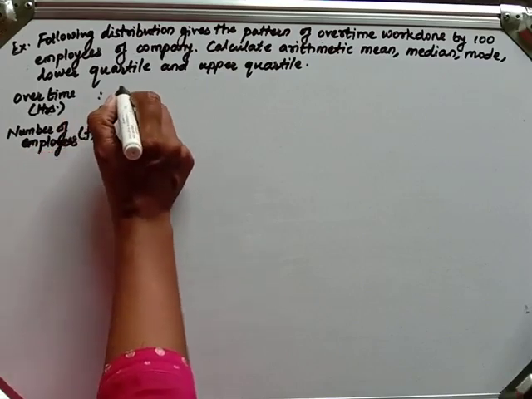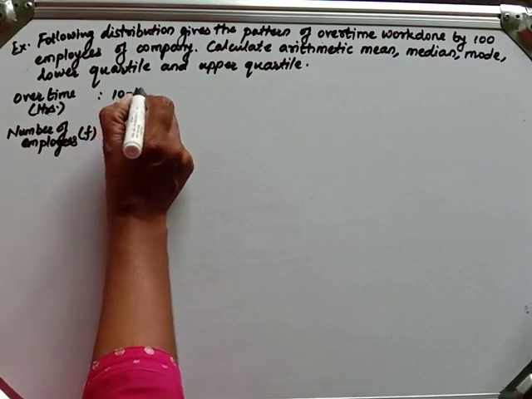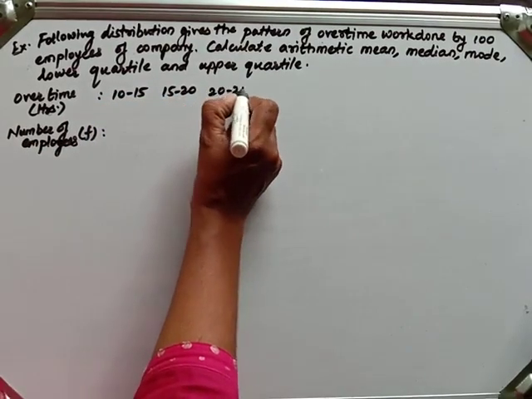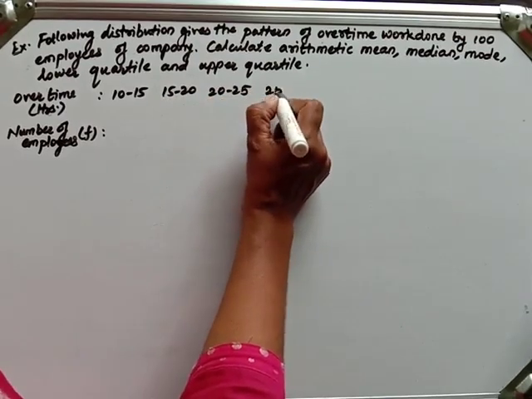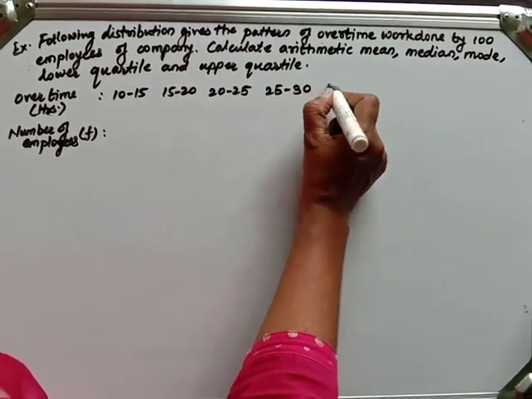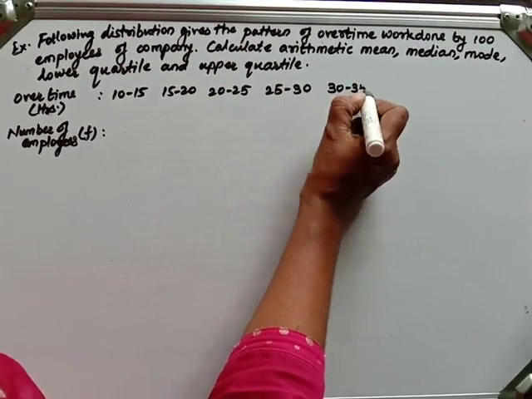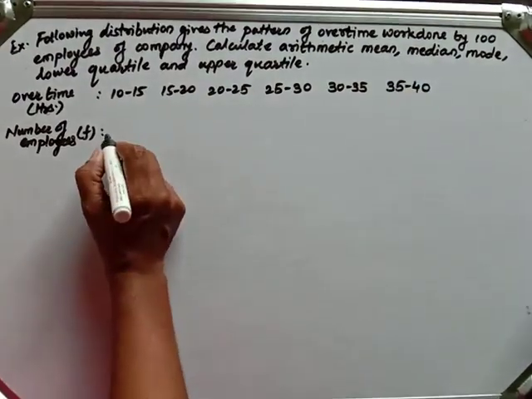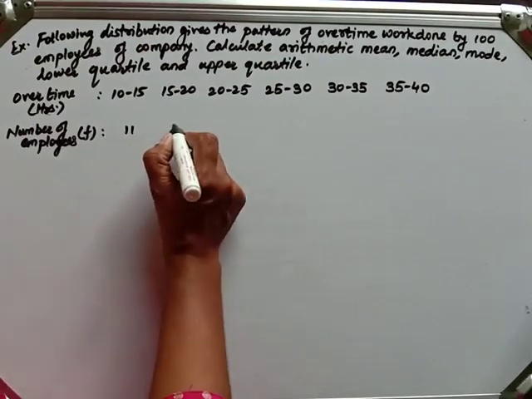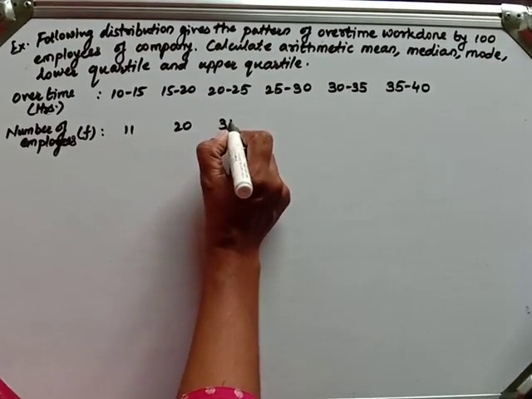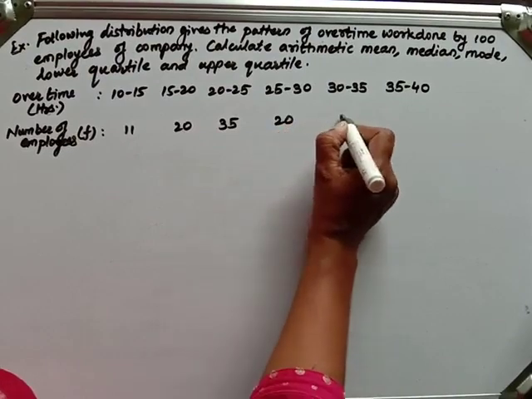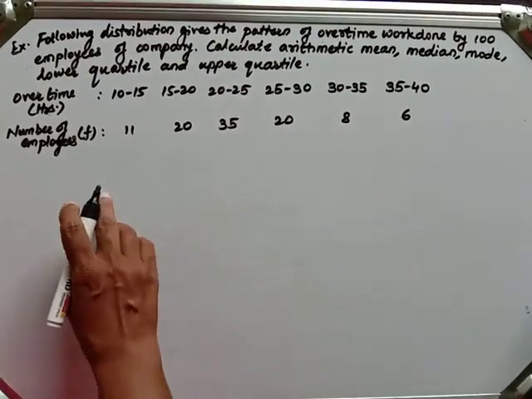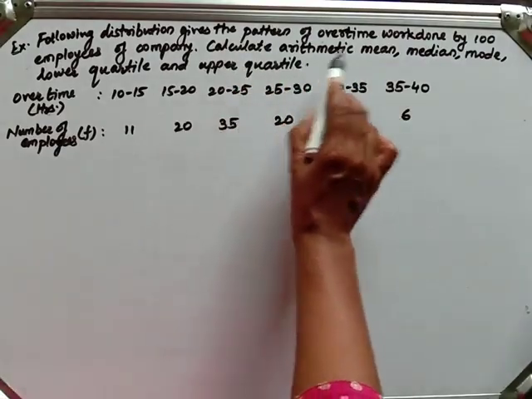So overtime hours are 10 to 15, 15 to 20, 20 to 25, 25 to 30, 30 to 35, 35 to 40. Here 11, 20, 35, 28 and 6. So now we have to determine the arithmetic mean.